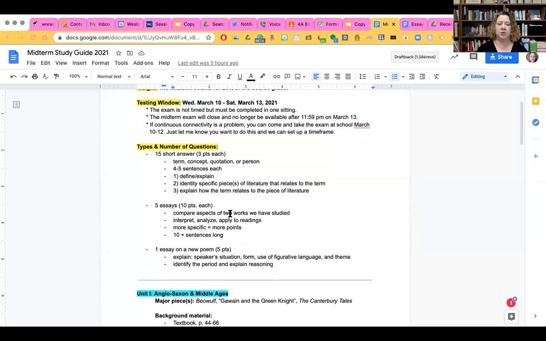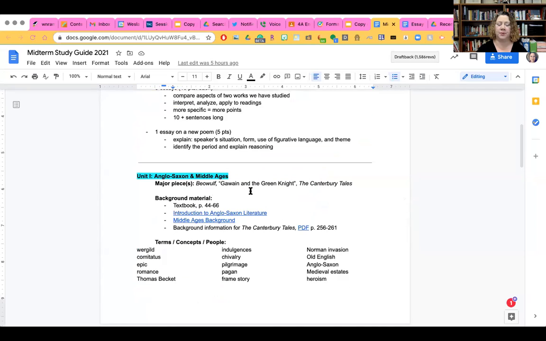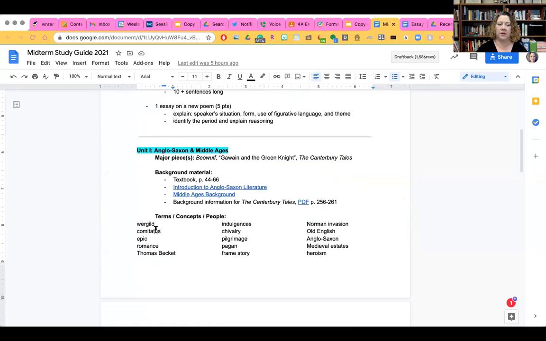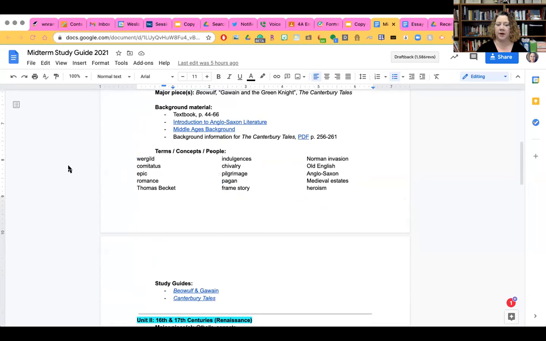So I did go to the midterm, and all of those terms, concepts, quotations, or people, I pretty much listed all of them underneath in the next part, which is the different units. So all of the terms and concepts associated with the Anglo-Saxon and Middle Ages, I'm giving them to you here. So if you look at this list and you go, oh, I know what all those things are and how they relate to the different pieces of literature, then you'll probably be fine on the test.